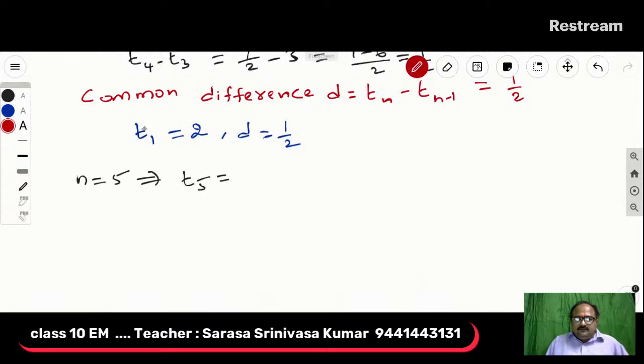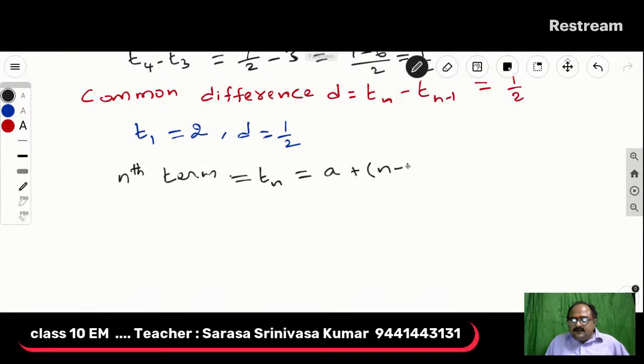Before writing this step, we should write the formula: the nth term, Tn, equals a plus n minus 1 d.